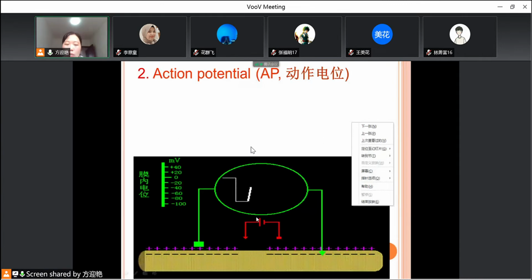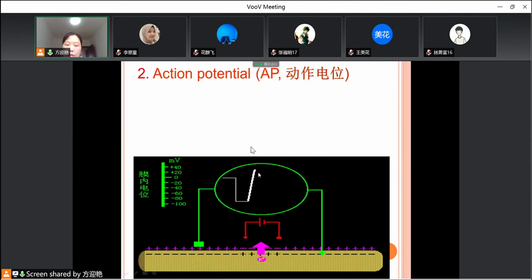We call this the action potential. We can also call this part the overshoot.